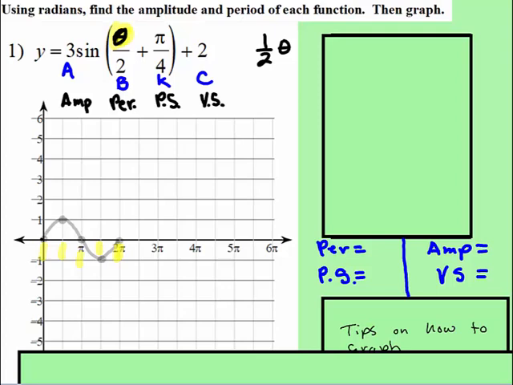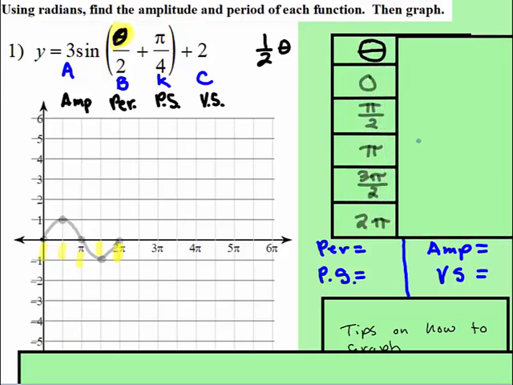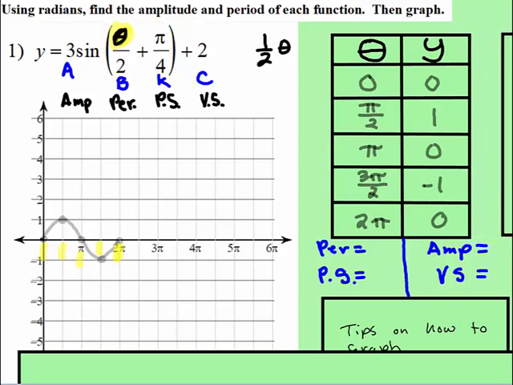At 3 pi halves, we're down at -1. And at 2 pi, we're back to 0. In fact, I have those values right here on the table. And here are the thetas, and under the y are the y values.